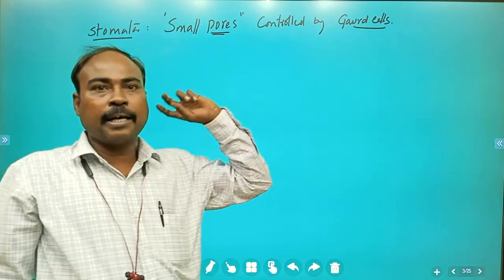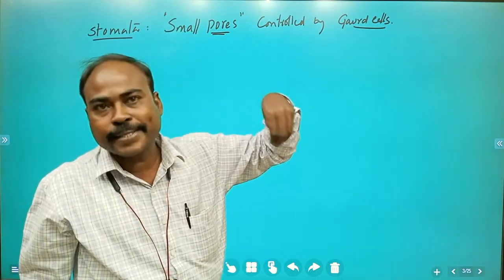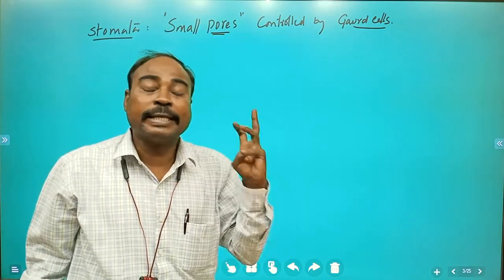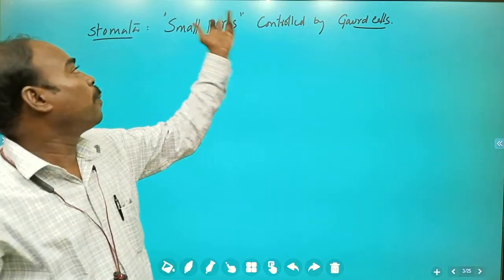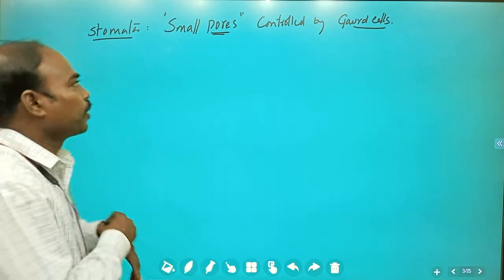The guard cells are specialized cells in the epidermal tissue system of young stems and leaves, which control the opening and closing of these pores, that is stomatal pores.